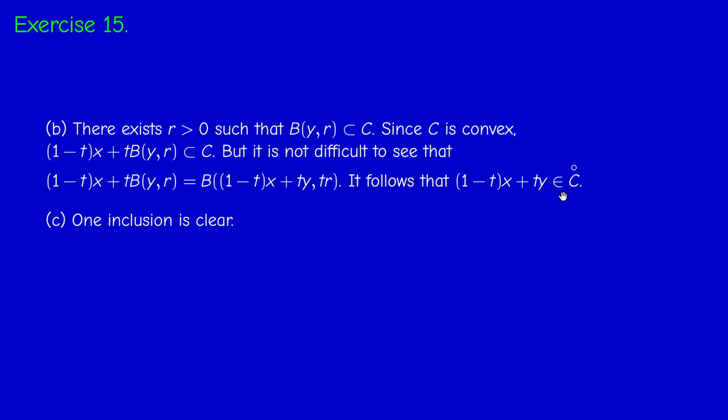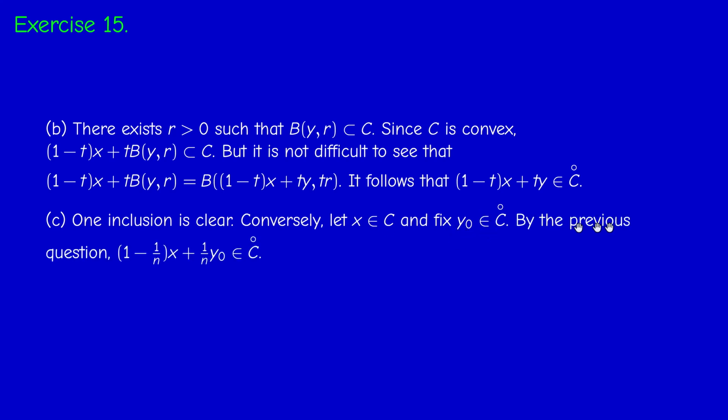Okay, last question. So as you observed, one inclusion is clear. The reverse inclusion, you take an element x in C, and we fix an element y0 in the interior. Okay, according to question B, I take t equal 1 over n. So this convex combination of x and y0 is totally contained in the interior, right?